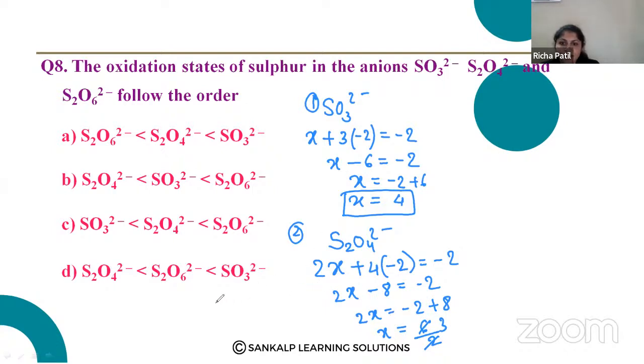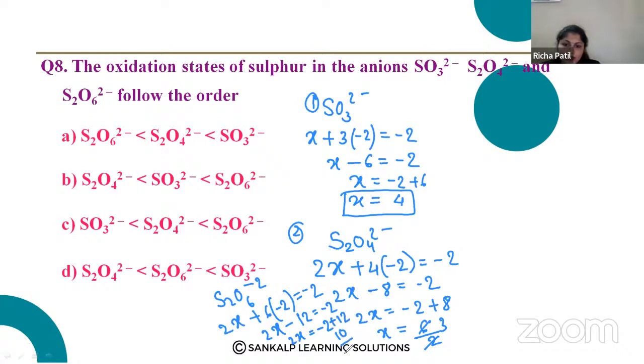Next, S2O6 2 minus. Try solving this. So this will be 5.